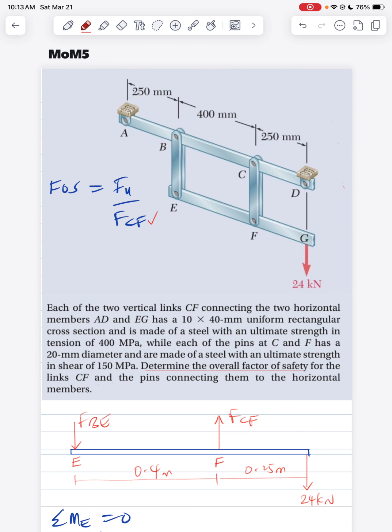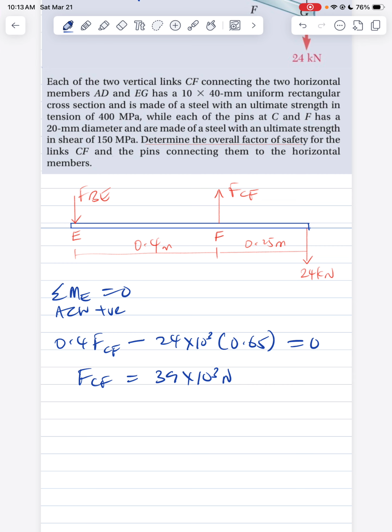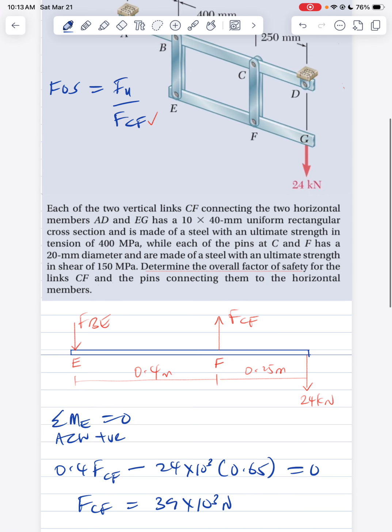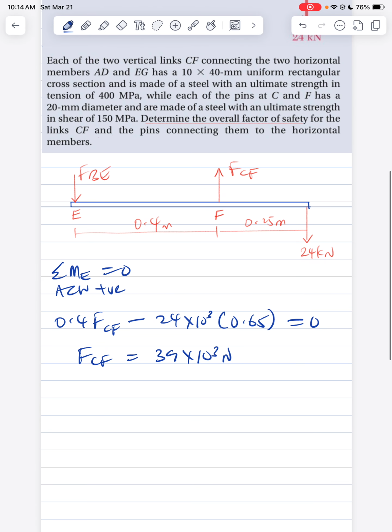Now let's find the maximum force in the member CF, taking into account the shear in the pins, right? For that, we have two links here. We have this CF, and there's a hole which is the diameter of the pin itself. The question says the link has a 10 by 40 uniform rectangular cross-sectional area.